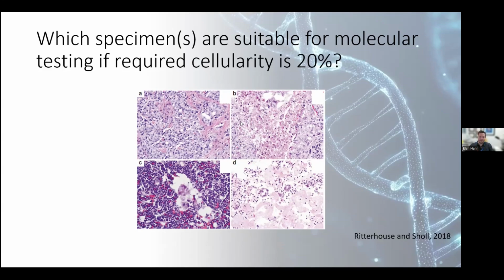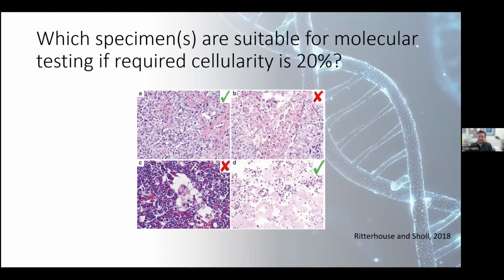C is going to be far lower than 20%. D is going to be close to 20%. Here, this is a scenario where the number of cells might be on the lower end, but the percentage of tumor cells relative to other cells will be adequate. So I think that would be an appropriate choice.